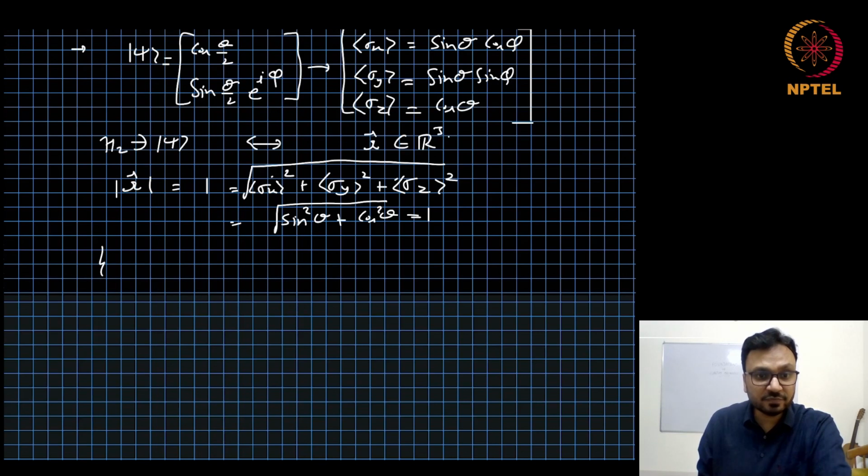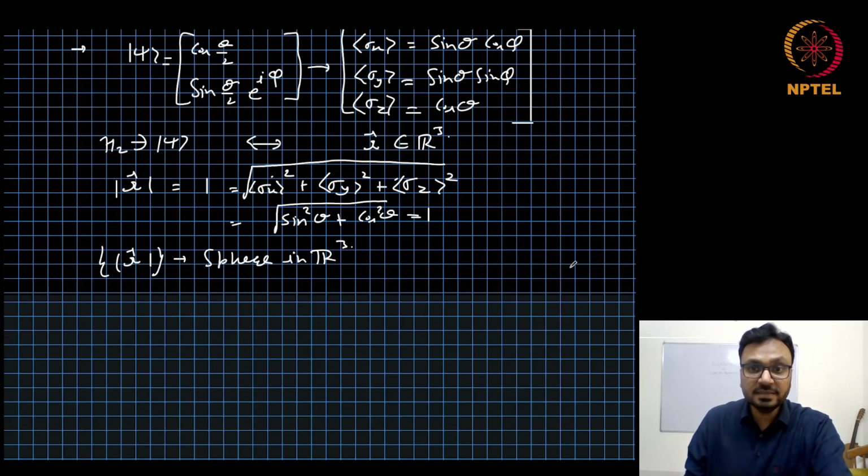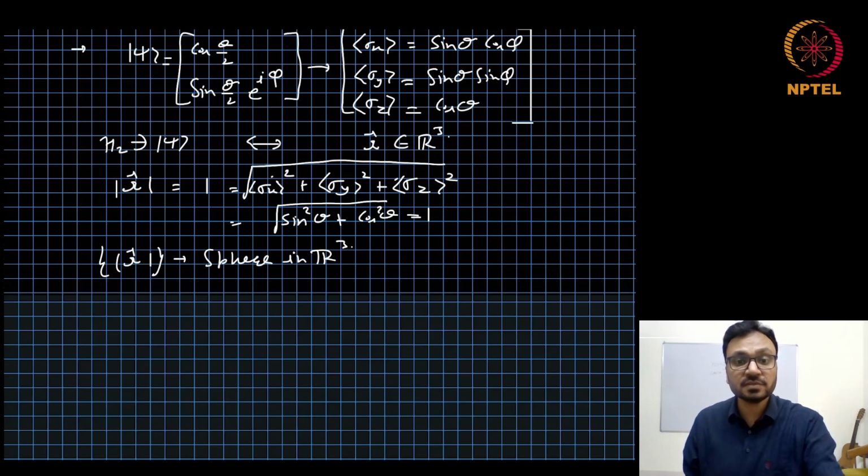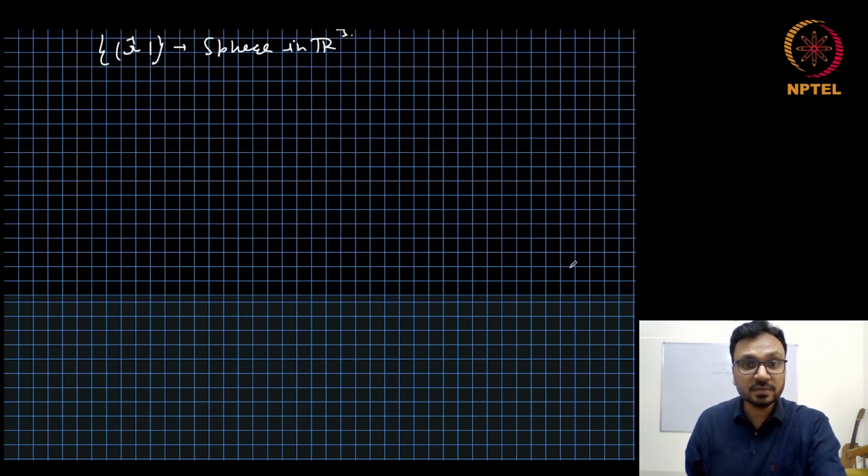So if we take the set of all the vectors R of this form, they form a sphere in R3, in three-dimensional real space. In fact, these sigma x, sigma y, and sigma z expectation values are the polar coordinates of a sphere.